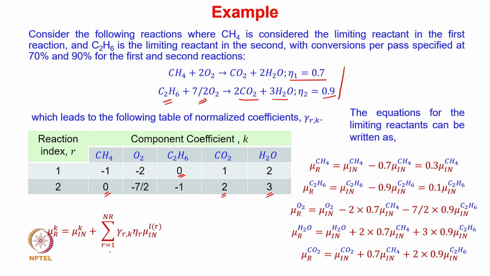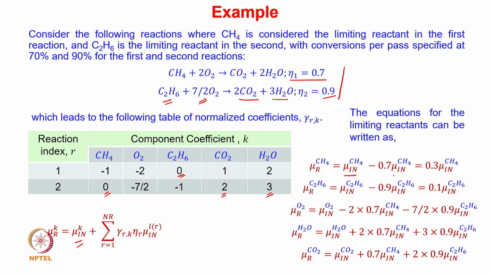Now with these values, we can write down the mass balance, the material balance. We can write down the mass balance with respect to each of these components. So mu r CH4 is nothing but the mass balance of the methane. It will be given as mu In CH4 by using this equation, and then we are trying to see whether the methane is getting consumed or produced in different reactions.